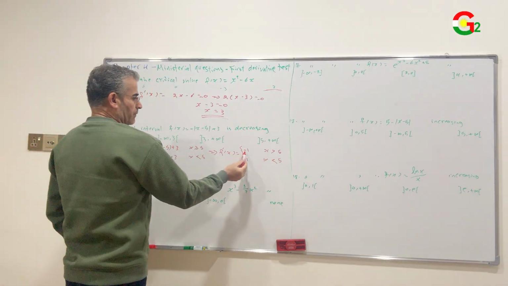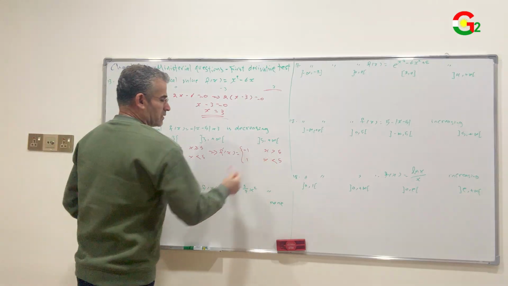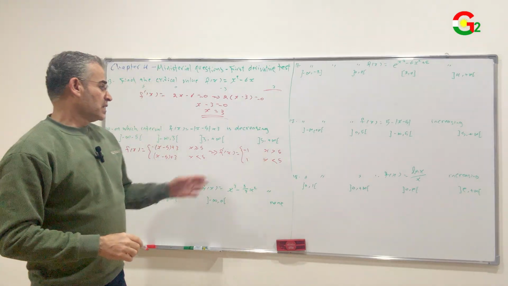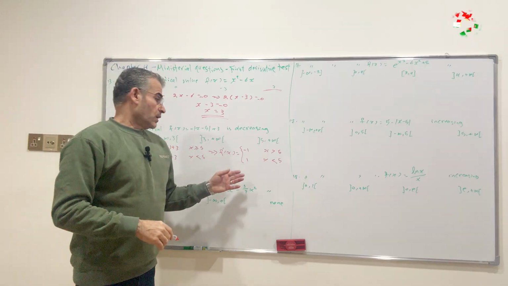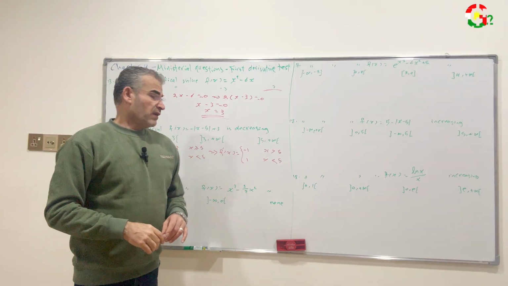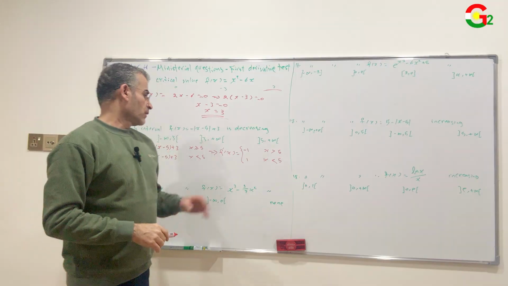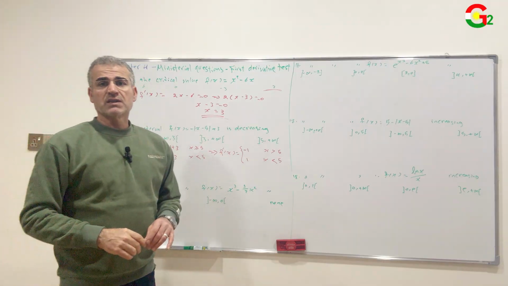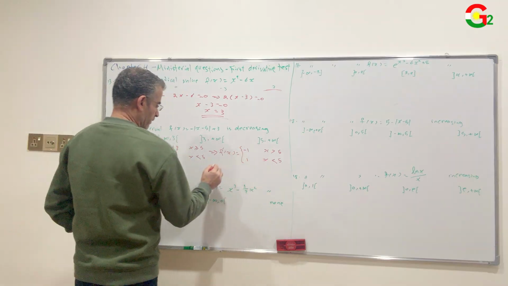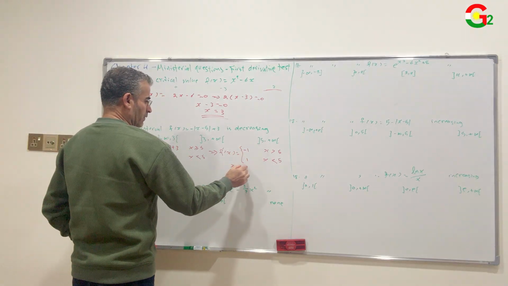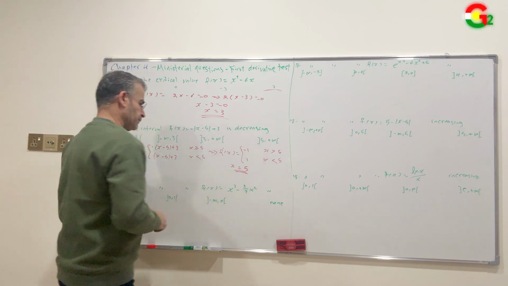Since the limit when x approaches 5 from the right is negative 1 and the limit when x approaches 5 from the left is 1, the derivative of the function has no limit when x approaches 5, and x equals 5 is a critical point for this function.